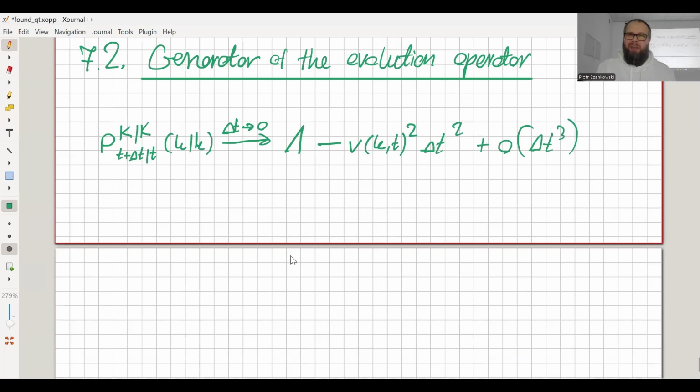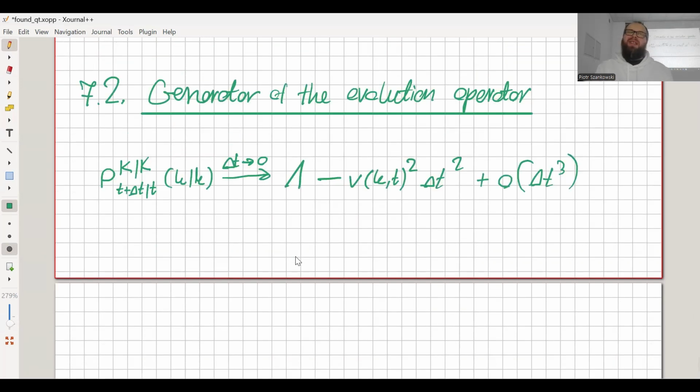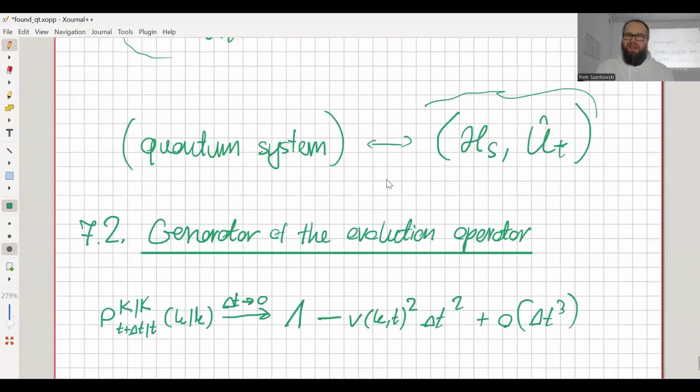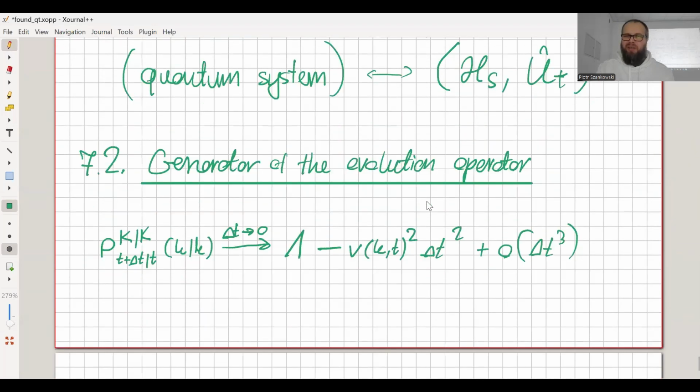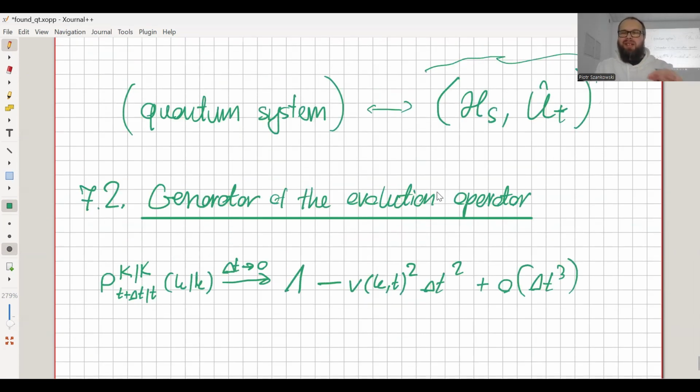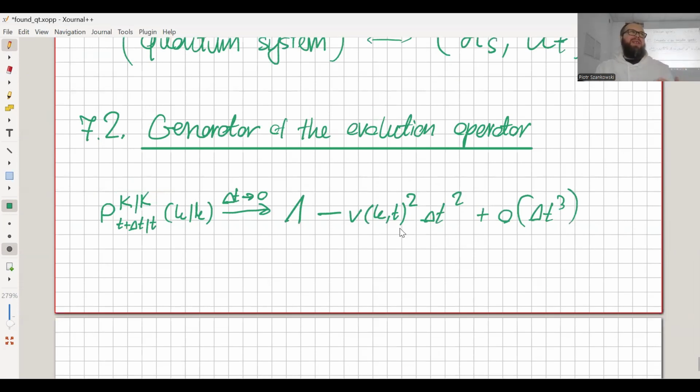Having this operator U and this fact, the conclusion we can draw is that in order to get this regular behavior, the operator U_t also has to behave regularly for small increments of time.